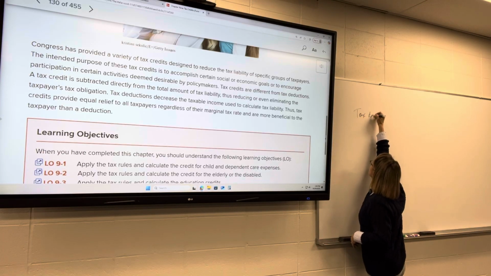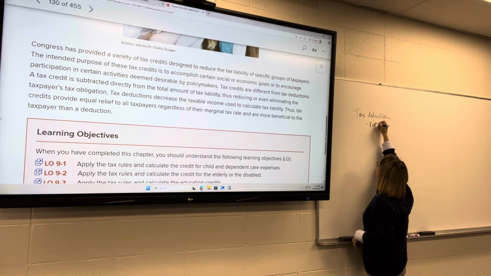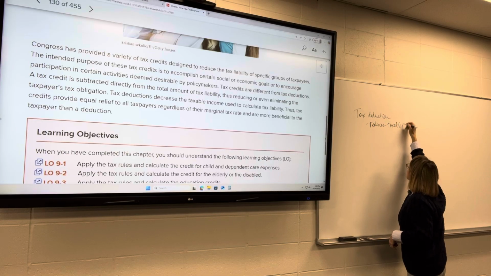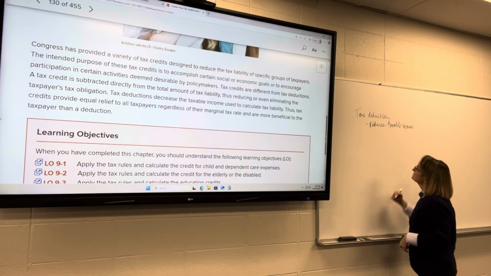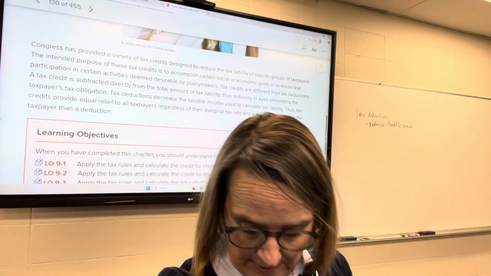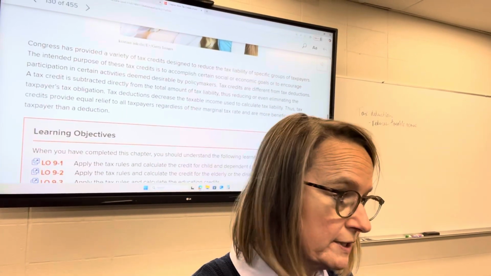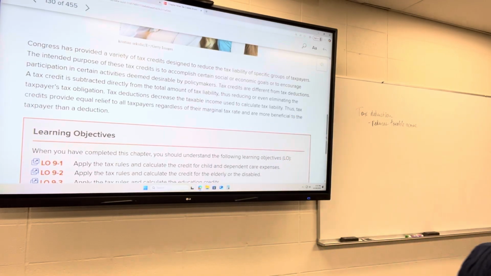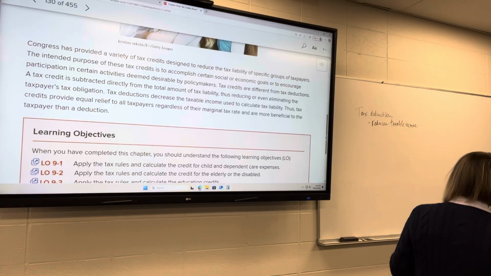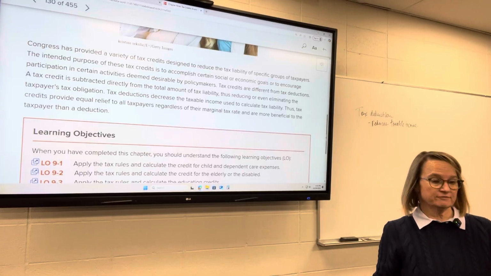But a tax deduction reduces taxable income. So it's essentially like all of our tax deductions show up on the first page of the 1040, because we arrive at our taxable income at the very bottom of page 1 of the 1040, right?